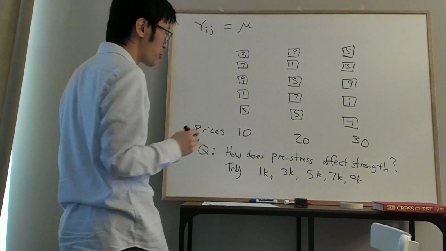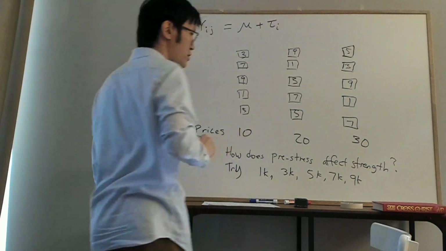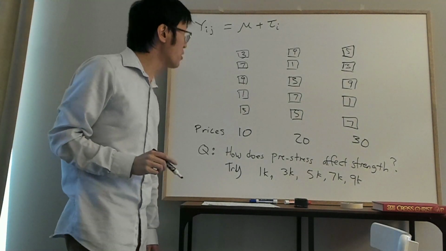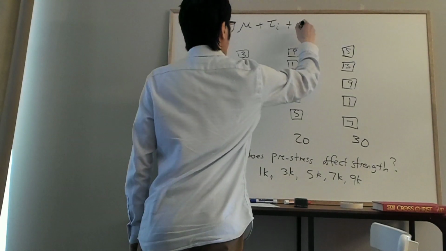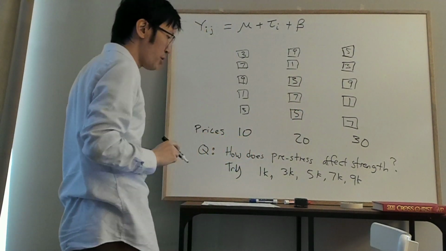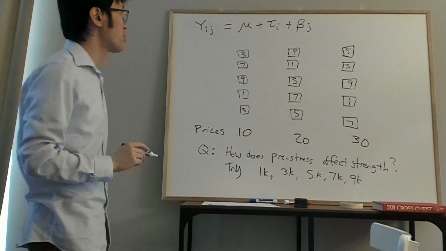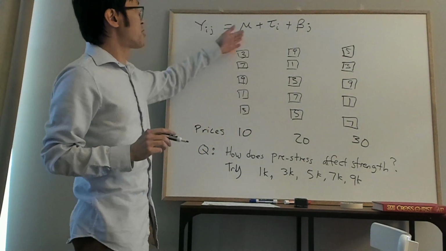We're going to have an effect due to treatment, which we denote as tau sub i for the effect of the ith treatment. And we're going to have a block effect, which we'll denote by beta subscript j for the jth block. And so that's the model fit to it.